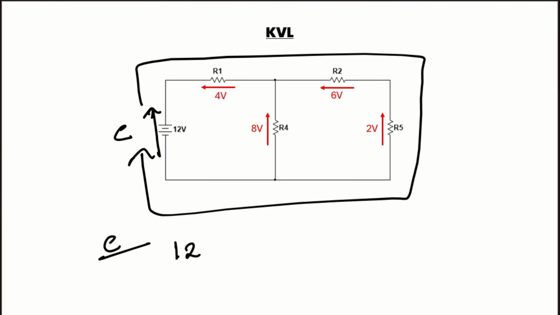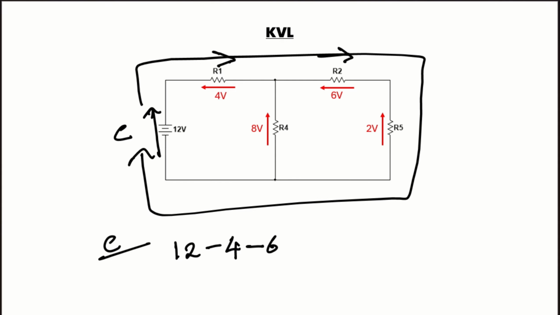The loop direction is this direction, but the voltage across R1 is opposite, so it will be minus 4. The loop direction is to the right side and the voltage across R2 is to the left side, so it's minus 6 volts.